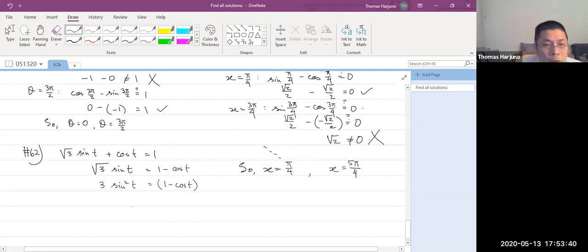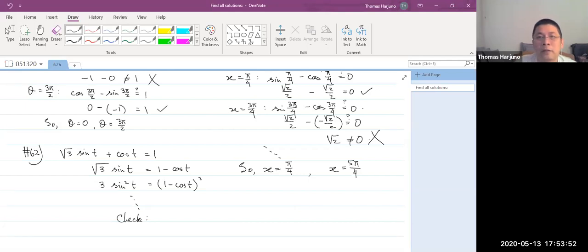Okay, now you solve this. After you solve that, you check. That should take you around 5 minutes together with our 10 minutes break. We come back at 11. Let's come back at 11:10.